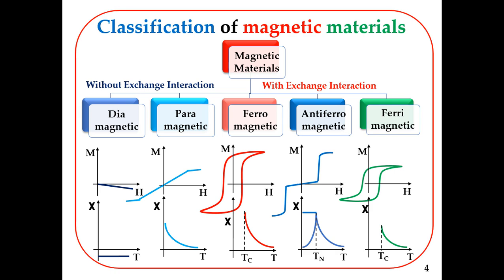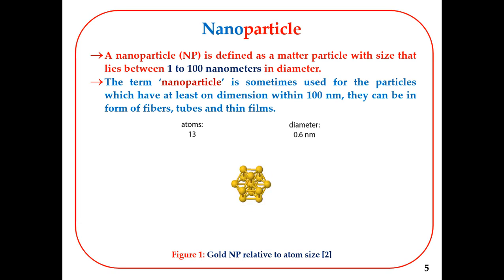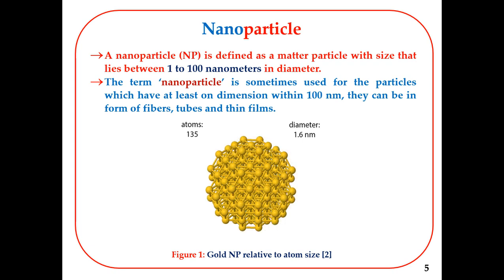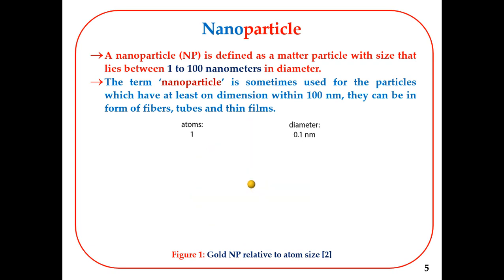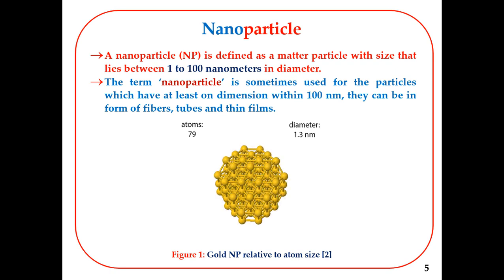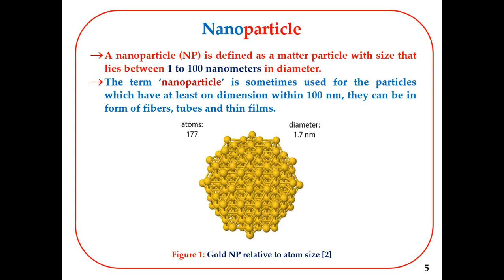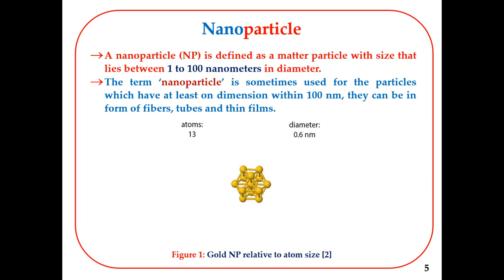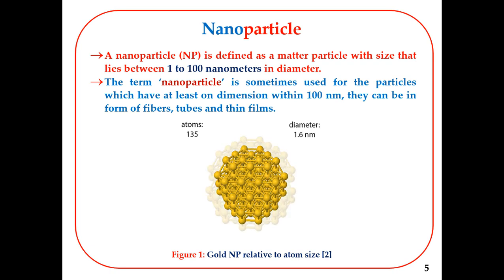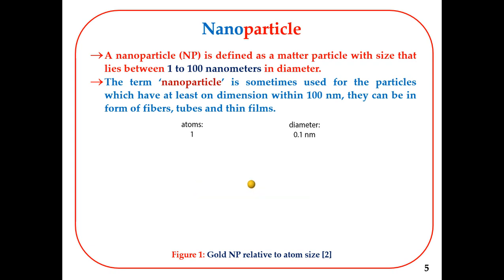and then we also have ferrimagnetic materials. A nanoparticle is defined as a matter particle with a size that lies between 1 to 100 nanometers in diameter, and it is composed of a number of atoms. The term nanoparticle is sometimes used for particles with at least one dimension within 100 nanometers.